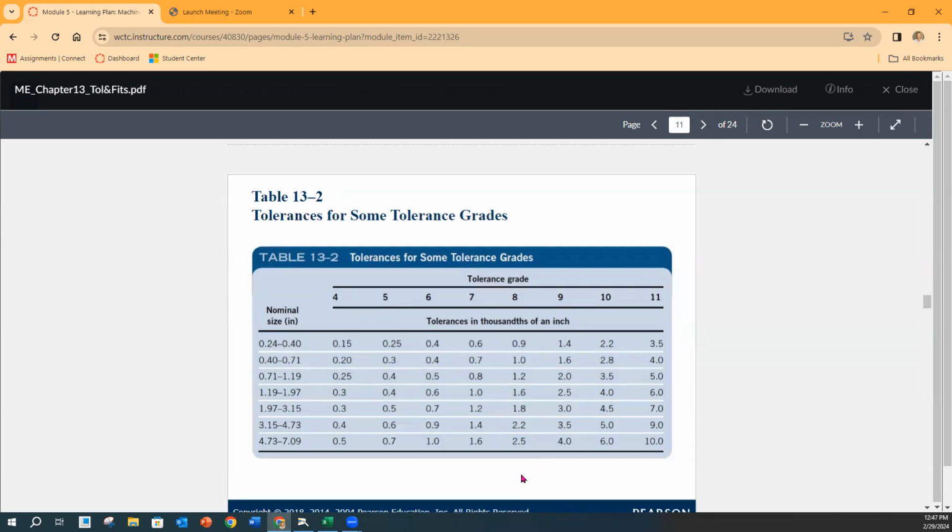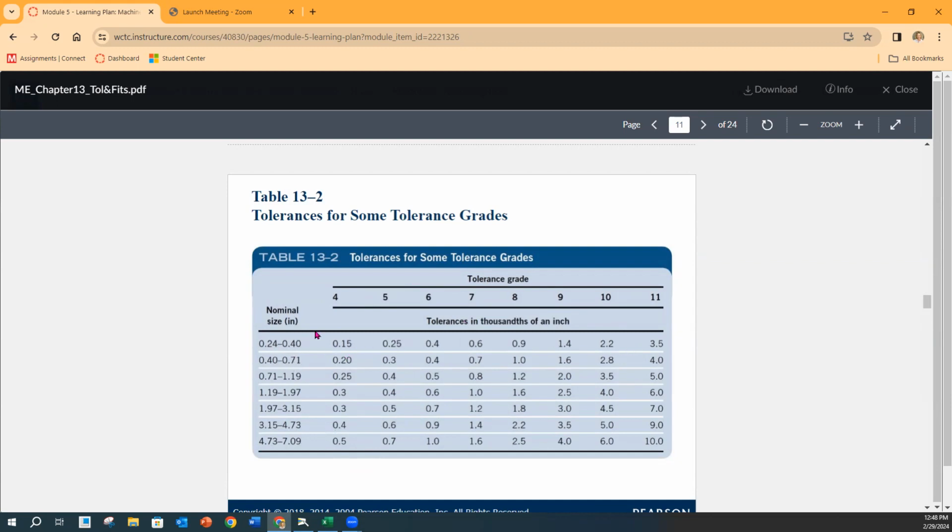As we look here, you're going to notice that as our tolerance grade gets larger, our value for the tolerance is also going to get larger. So at the end of our chart here, our largest numbers for any one of the sizes at the left-hand side are going to be our smallest numbers. So a tolerance grade of 4 is much more accurate than a tolerance grade of 11.